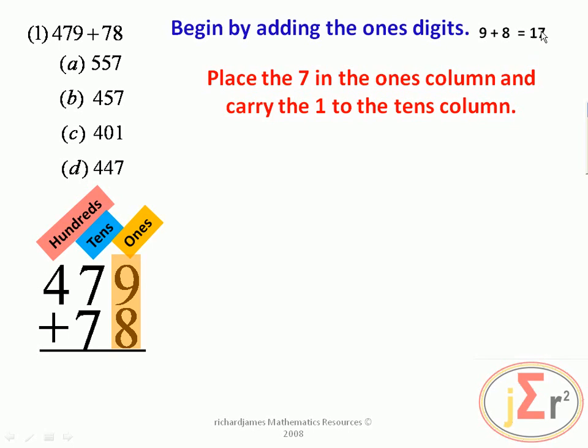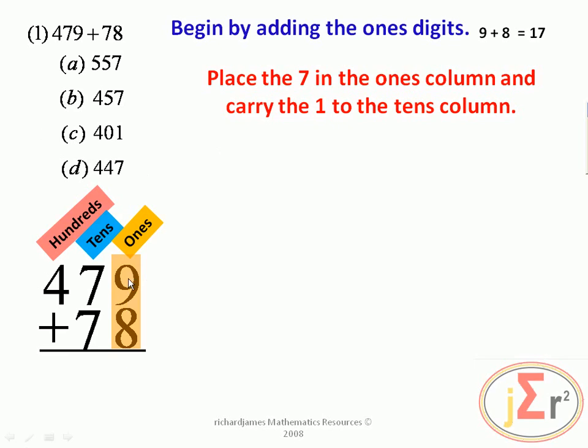Therefore, when we place the 7 in the ones column, because this one, its place value is 10 times the place value of this 7, it will go to the other column. Because if we are at a particular column, each column to the left of your present column has a place value that is 10 times your present place value.